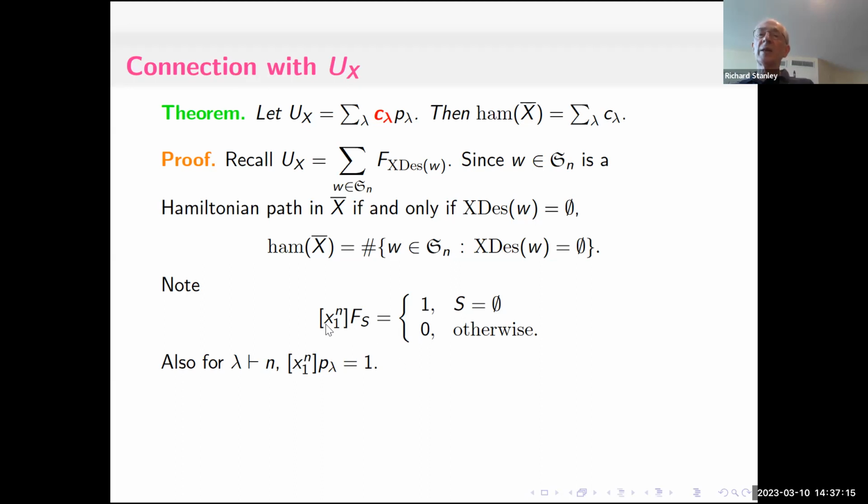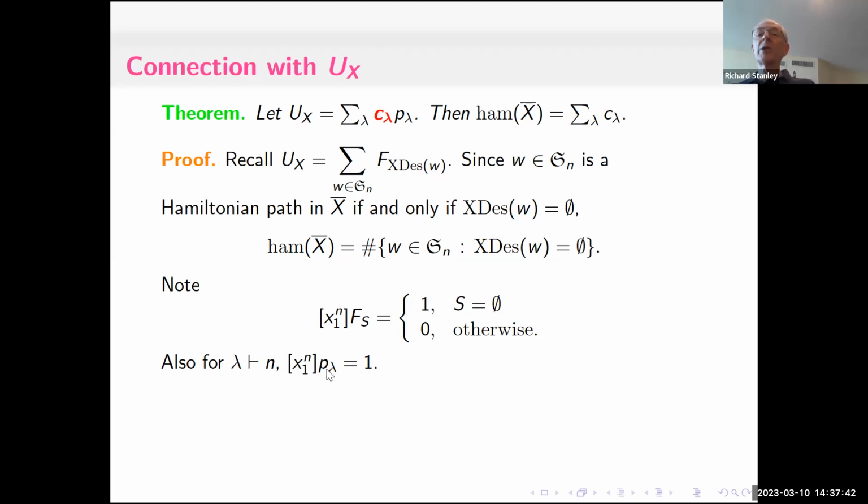Check very easily that the coefficient of x1 to the N in F_S is 1 if S is empty, and 0 otherwise. I mean, that's immediate from the definition. The only way we get all these x1s is where there is no strict increase in the i1, i2 up to iN. So that defines F_S.